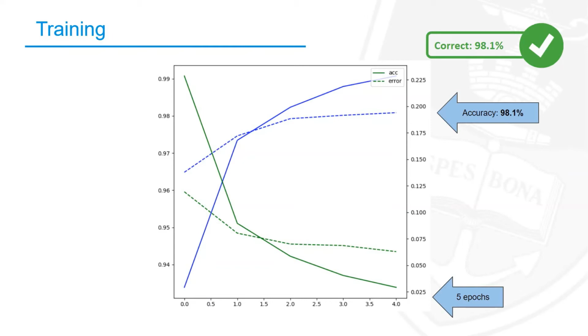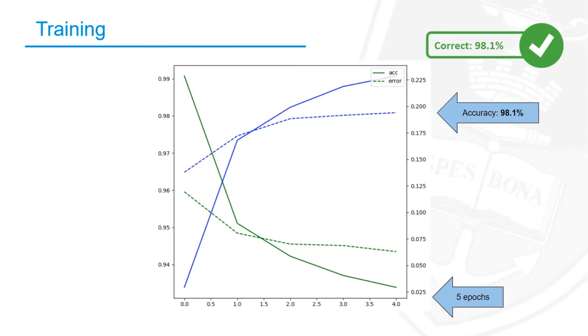And what I've done is I've run through each one of those images 5 times. And that's called an epoch. There are 5 epochs. And what that means is that all those 50,000 images have been run through the network 5 times each with the labeled data, trying to teach this neural network what each of those digits should be.